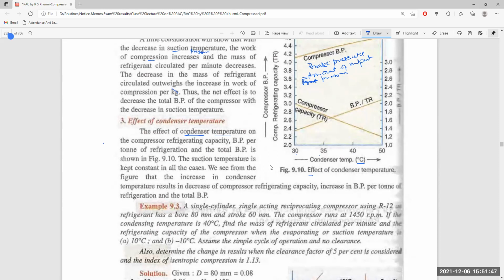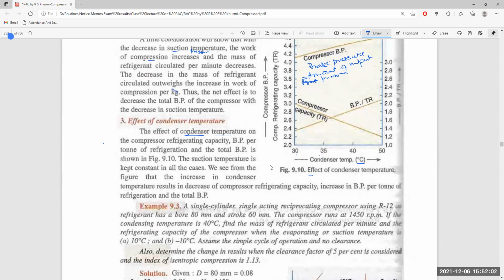Then BP per ton represents total BP. So with increased condensation temperature, there is a decrease in compressor refrigerating capacity, that is, more increase in brake power per ton of refrigeration and total brake power. More power is required, but refrigerating capacity is reduced.